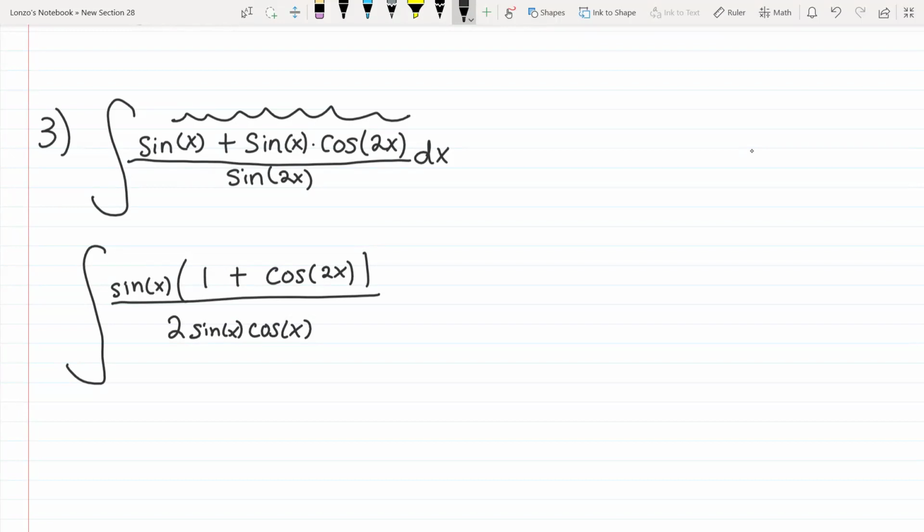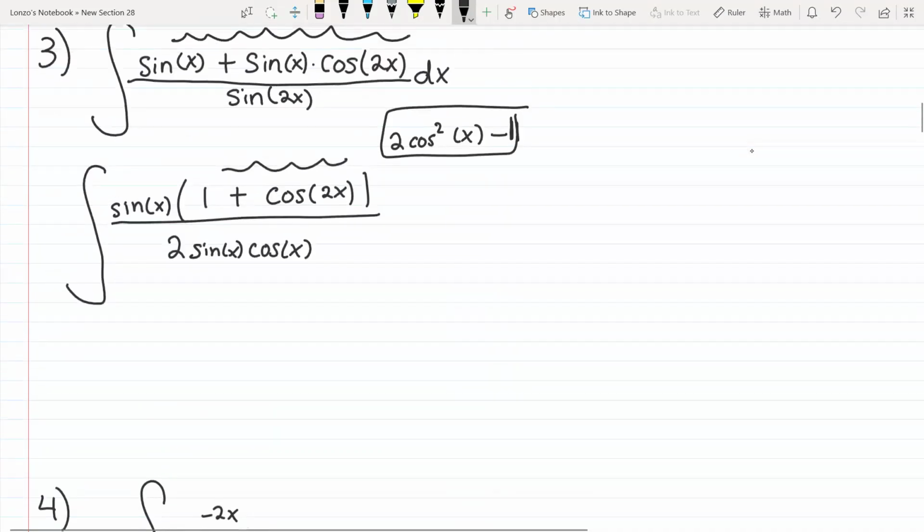Now what? Use your double angle. Did you also know that 1 plus cosine 2x is a double angle, so it can also be expressed as 2 cosine square of x minus 1? So you have to know your double angle formula. Also, over here, what do you see now that cancels?